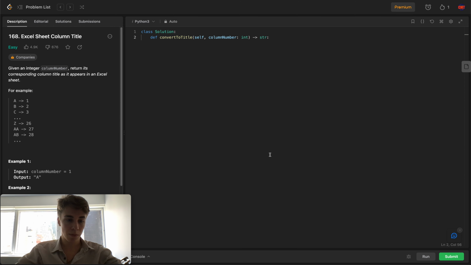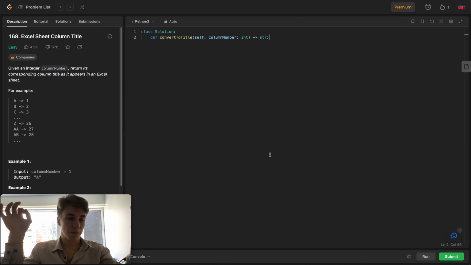Columns are numbered A, B, C, all the way to Z, and then AA, AB, AC, and so on until Z. So with that, let's begin the implementation.